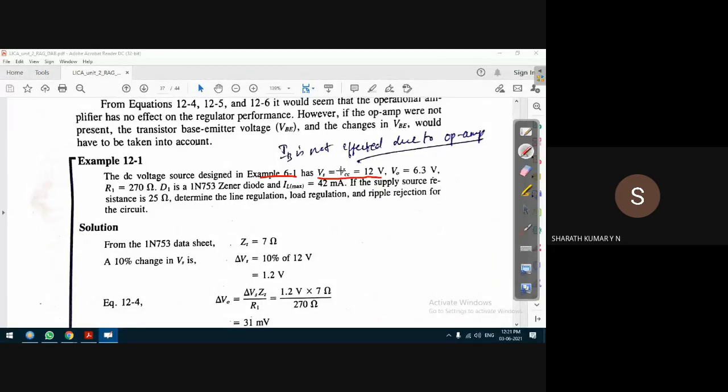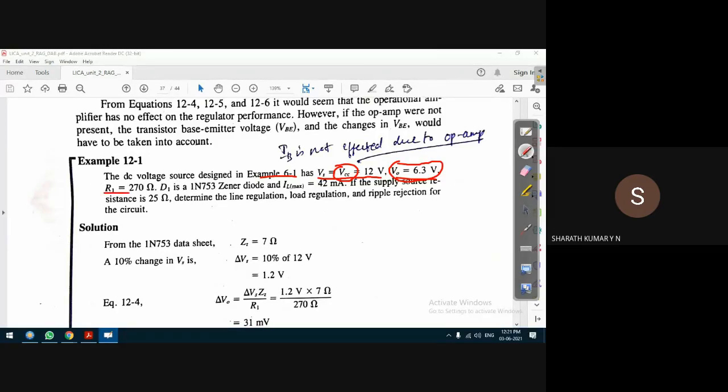That is the supply voltage, VCC, because that is applied as a voltage to the op amp. And the output voltage is 6.3 volts. That means the Zener voltage, or output voltage, should be 6.3 volts.